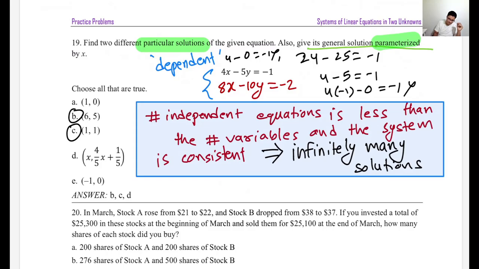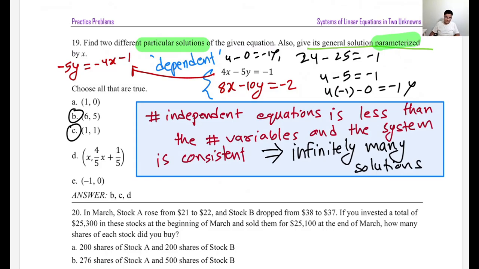Very simple. Solve. Take that equation 4x minus 5y equals -1 and solve for y. What do you get? Negative 5y equals negative 4x minus 1.